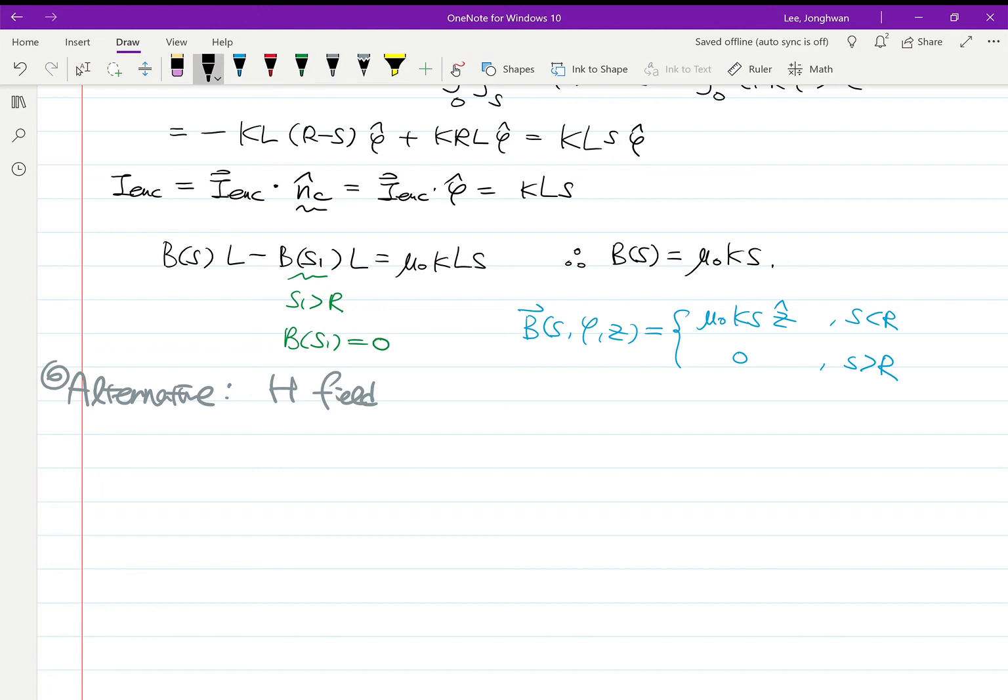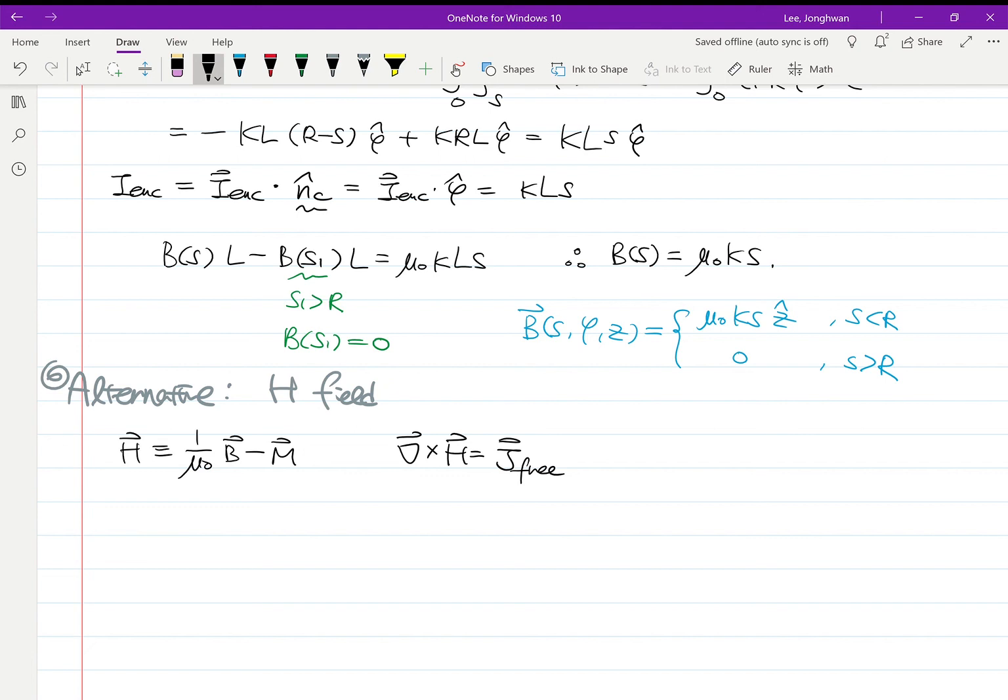So the H field is defined as H equals B over mu naught minus M. If you apply this to Maxwell's equation, then the curl of H is always J, but only the free current. So now you don't need to worry about bound current.